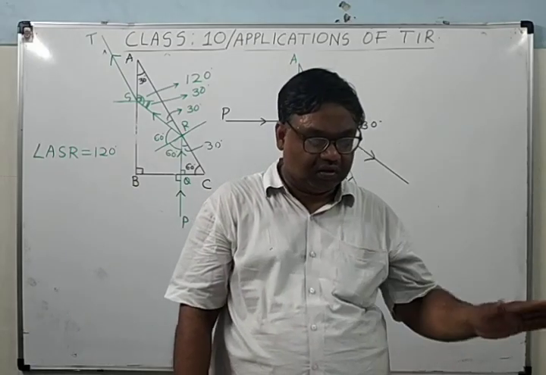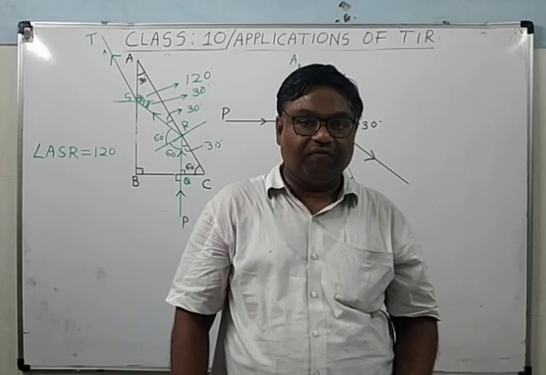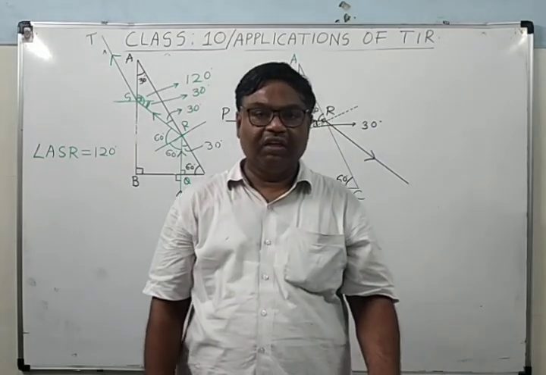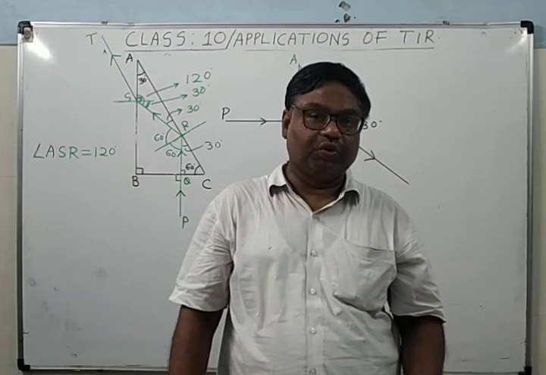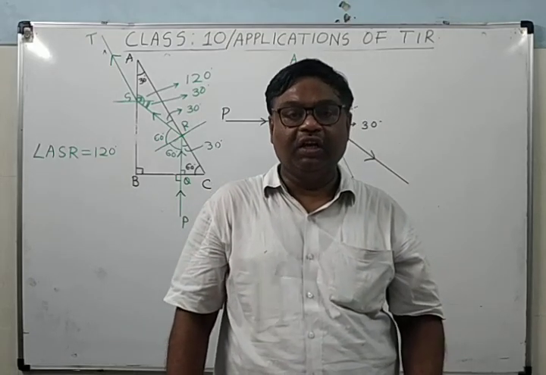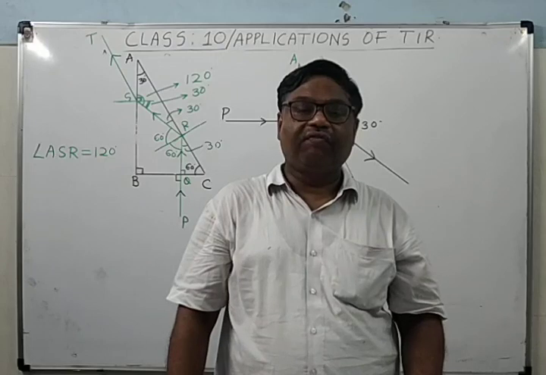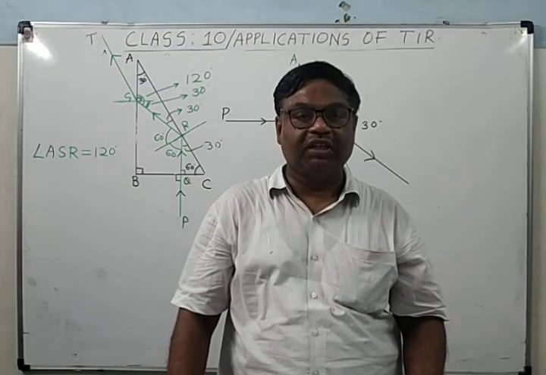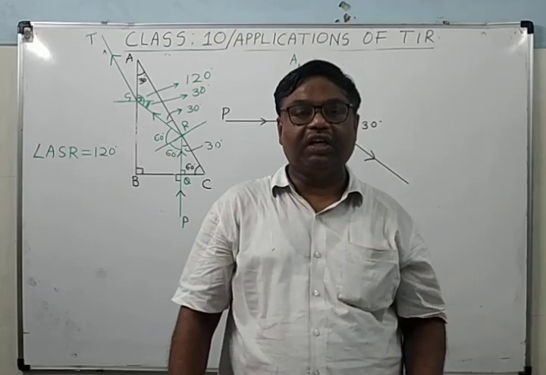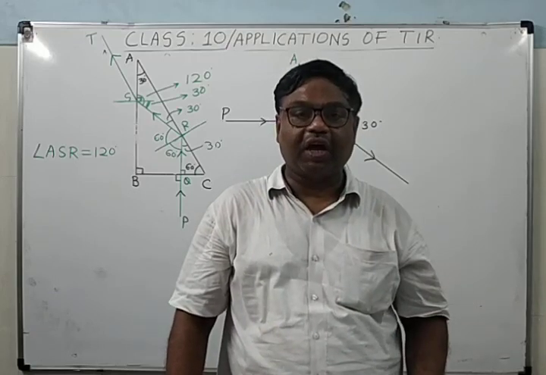Now, there are some consequences of total internal reflection. Mirage is one most important consequence of total internal reflection, in which there will be the false appearance of presence of water at some distance. When you are standing, your eye level is at some height.